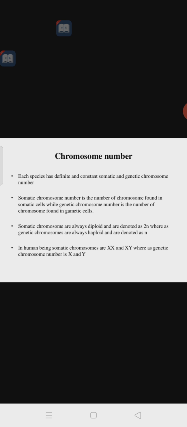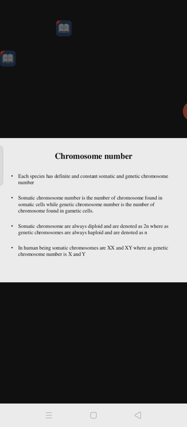Somatic chromosomes are always diploid and are denoted as 2n. Always, somatic chromosomes are denoted as 2n. Whereas gametic chromosomes are always haploid and are denoted as n. Okay, somatic, that is the autosome, denoted by 2n.